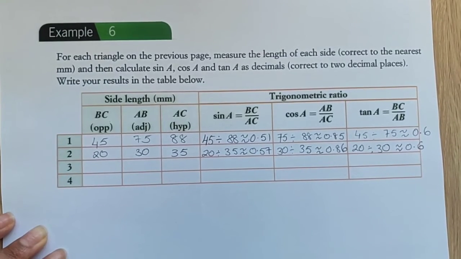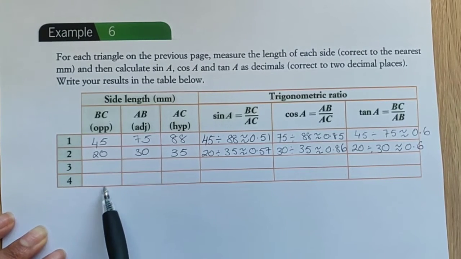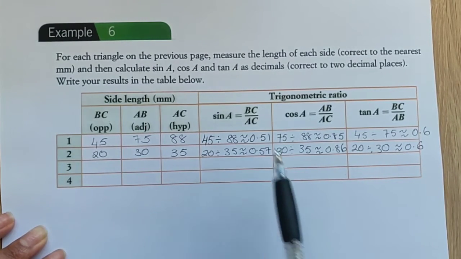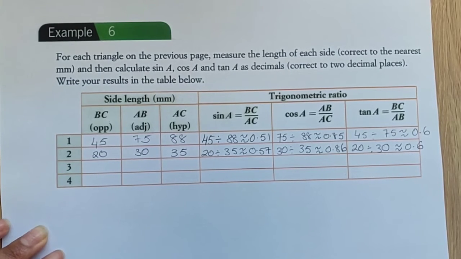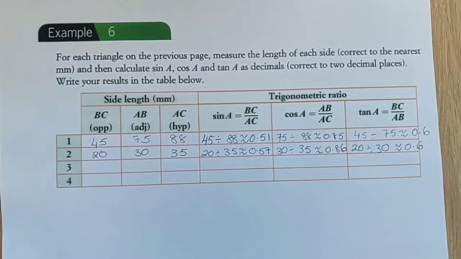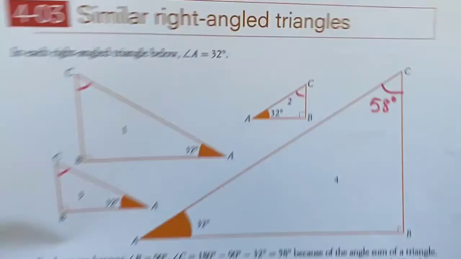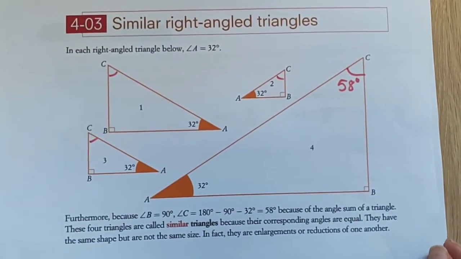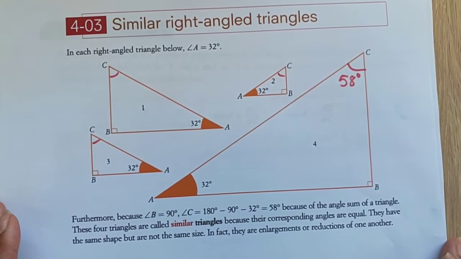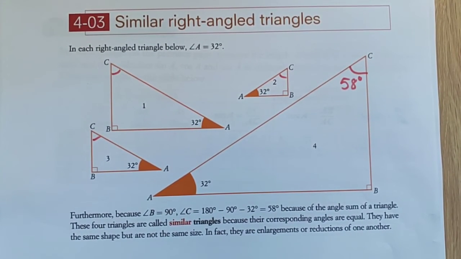Now I want you to pause this video and try to measure right angle triangle 3 and right angle triangle 4. Write down your measurements and try to calculate the trigonometric ratios. Keep in mind that your measurements will be different from mine, because when I printed out this page, I enlarged all the triangles so that you can see the examples clearer.